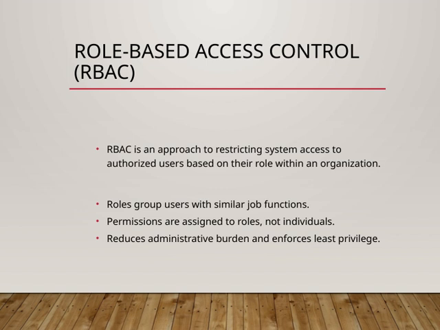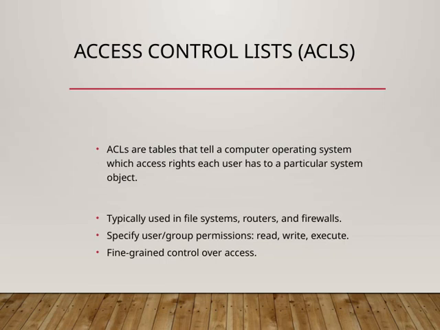Let's take a closer look at access control lists, or ACLs. These are essentially tables that help the operating system determine what access rights each user has to specific system objects, like files or network devices. Think of ACLs as permission guides that specify who can do what. They're commonly used in file systems, routers, and firewalls to control access effectively.